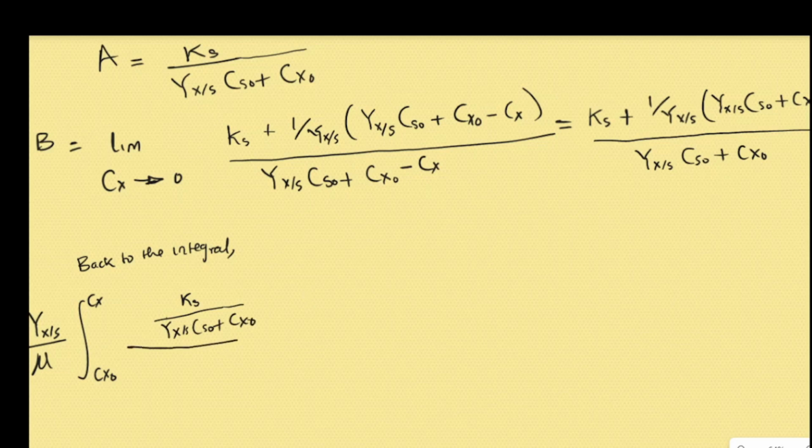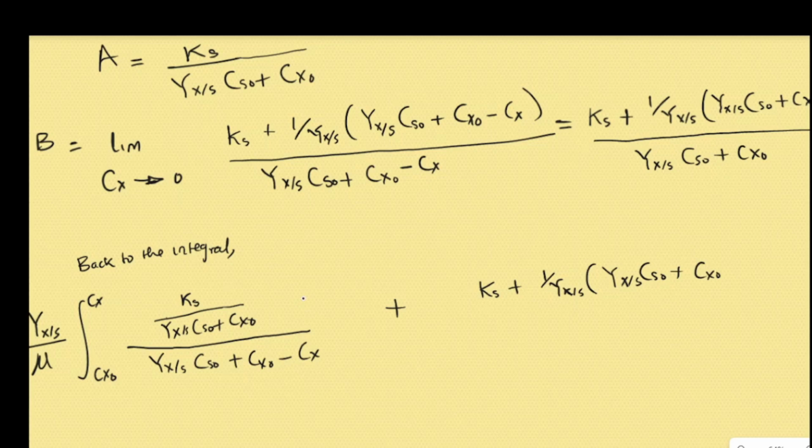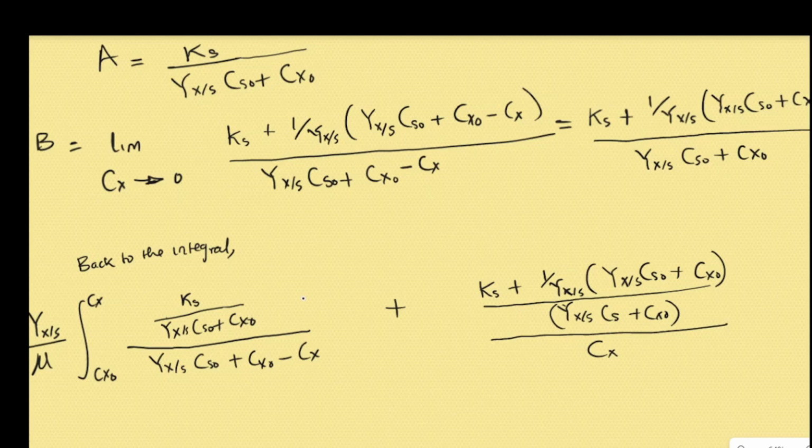So this is a all over the linear factor under a, which is y x of s c s naught plus c x naught minus c x, then plus b is now this whole stuff plus 1 over y, x of s c s naught plus c x naught, like this, and all over y x of s c s naught plus c x naught, then all over c x, like this. So we are integrating with respect to what?